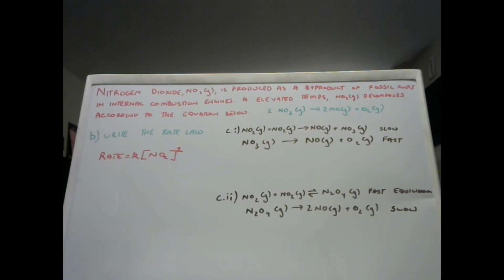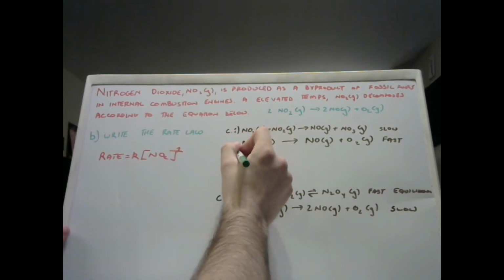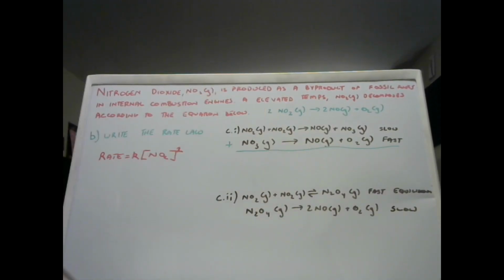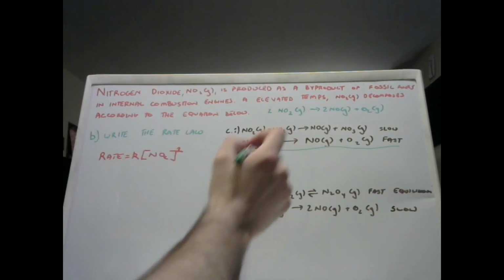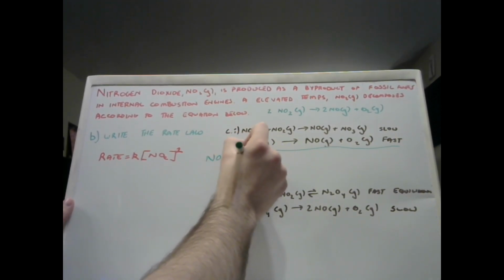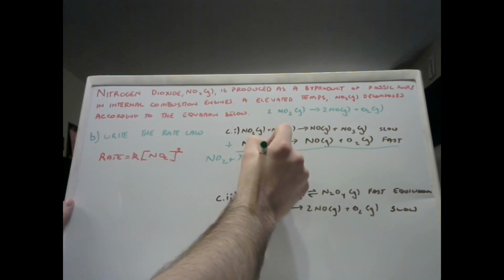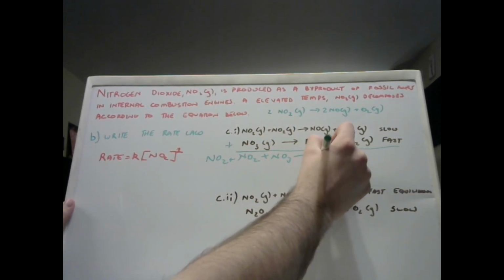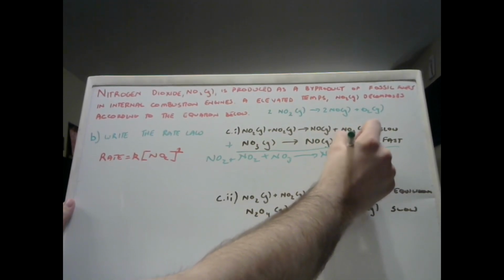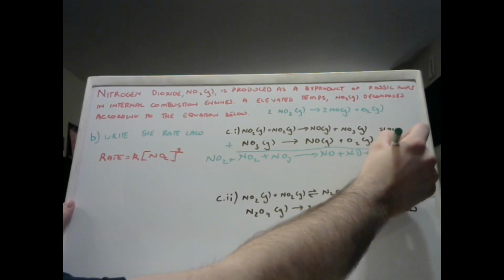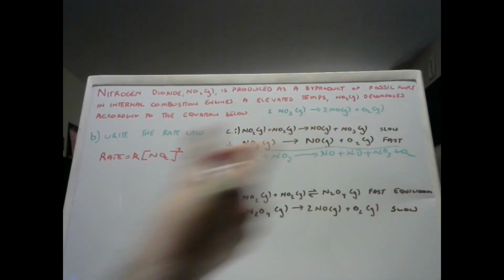Now let's check to make sure both of these add up to the overall reaction. The way we do this is we put a little plus sign here, and everything that's a reactant adds together. So NO2 plus NO2 plus NO3 goes to NO plus NO plus NO3 plus O2.